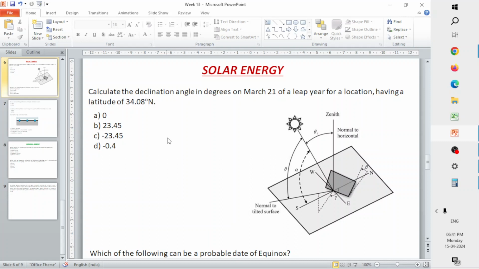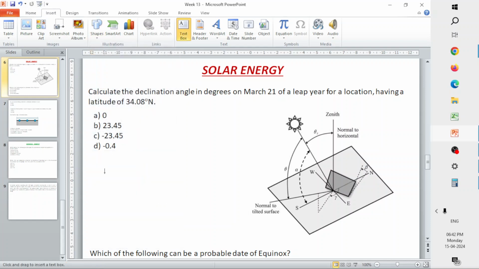I hope you will be able to remember the definition as well as the formula on how to calculate the declination angle. The declination angle is represented as delta.